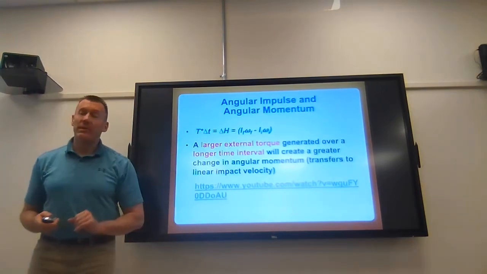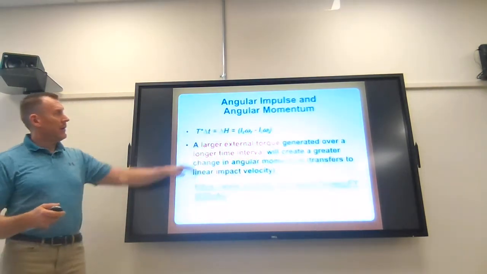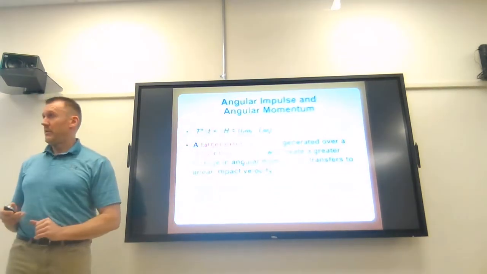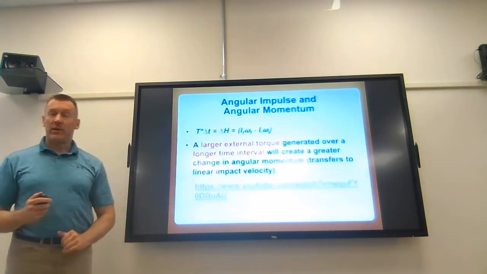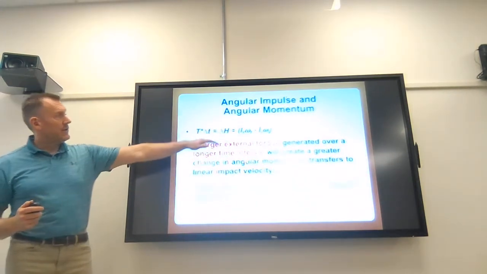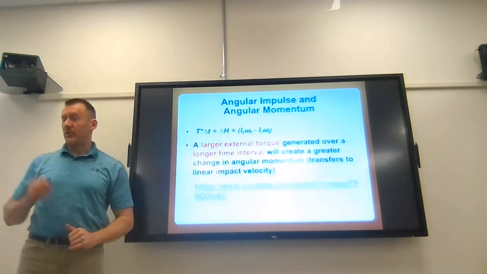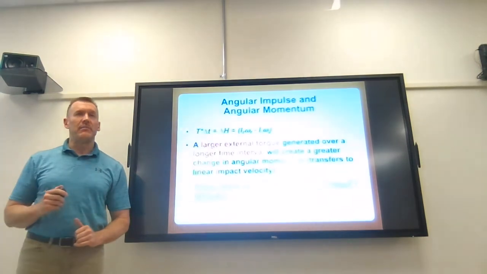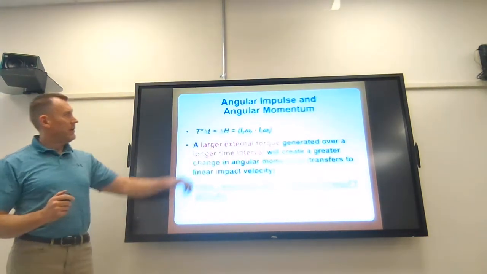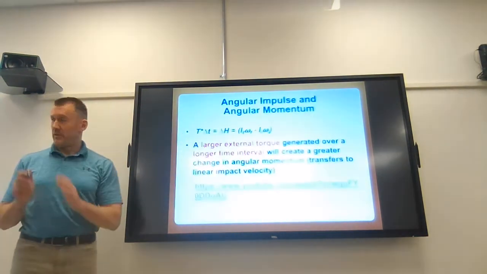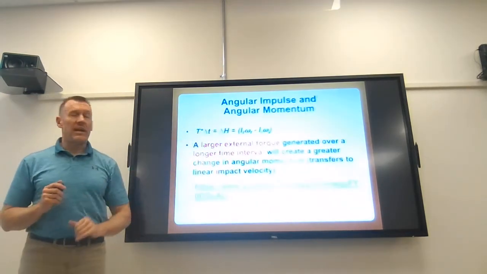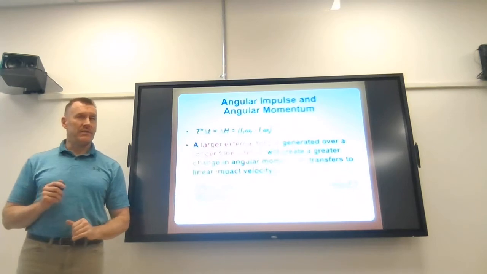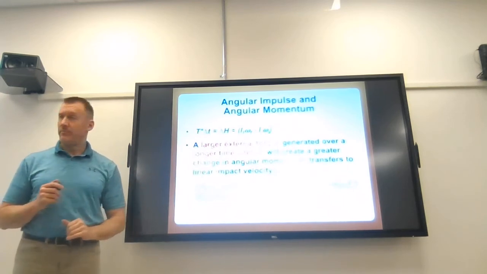Okay, so here's your formula right here. A net torque applied over a period of time results in a change. The little triangle there is called a delta, and that means change.